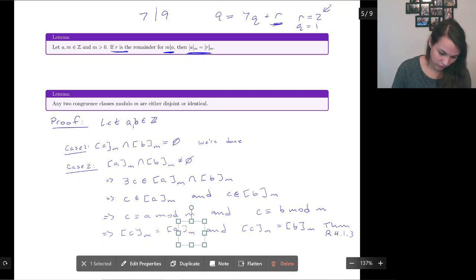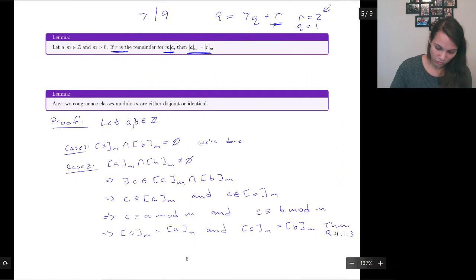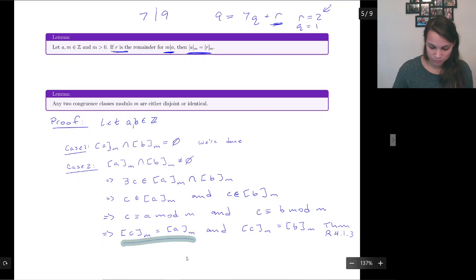Since C is congruent to A mod M, their congruence classes are equal.